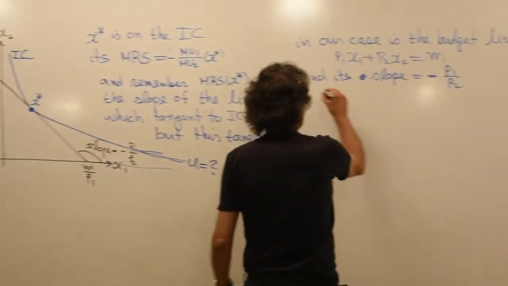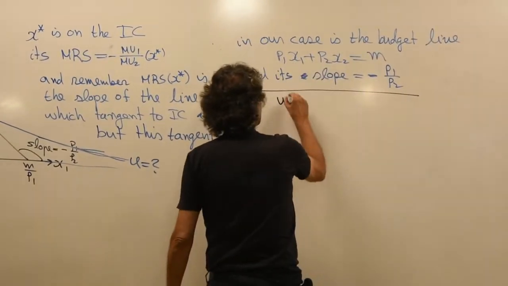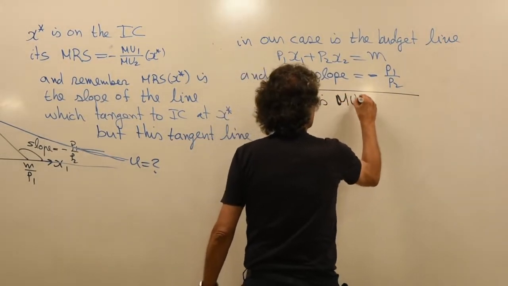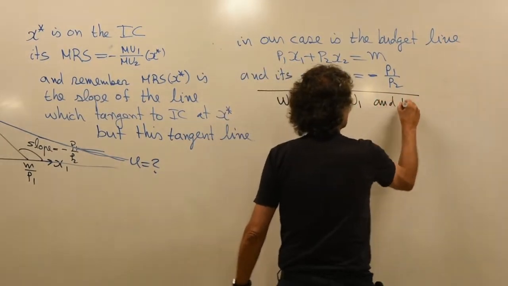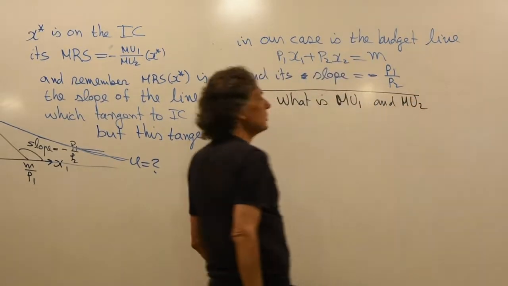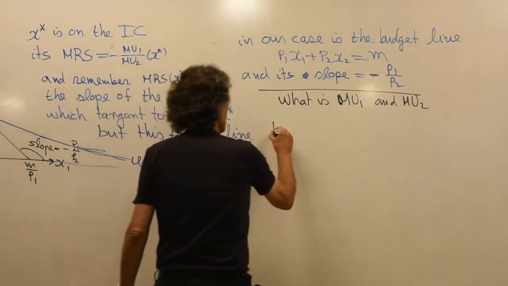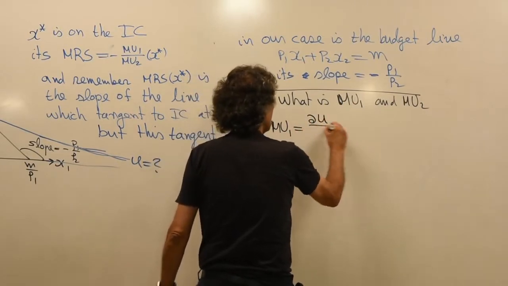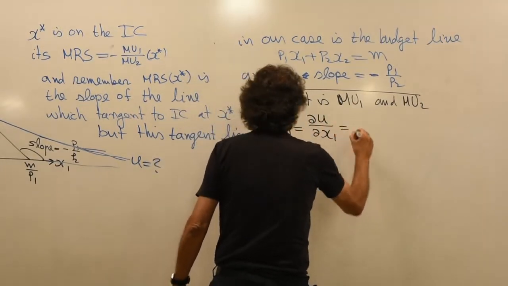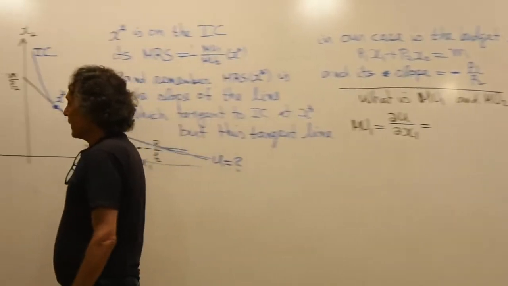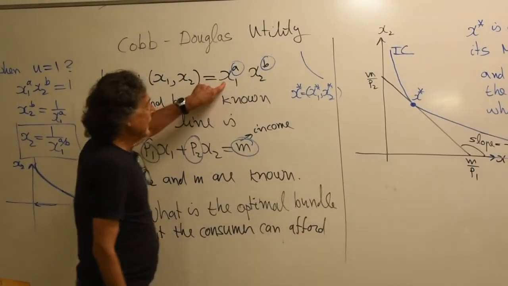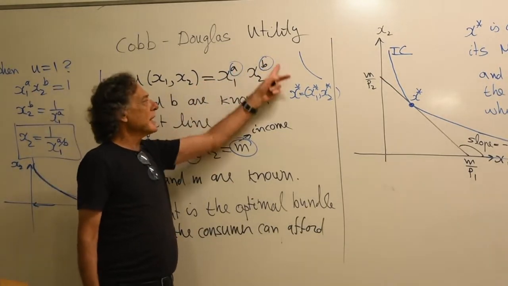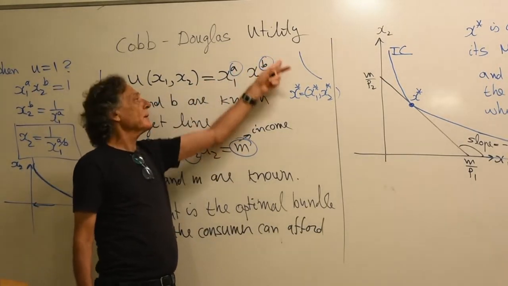So my next question is, what are MU1 and MU2? Let's compute it. MU1 is dU over dx1. So I look at our function. If I take a derivative with respect to x1, x2 is held constant, so I multiply by this.